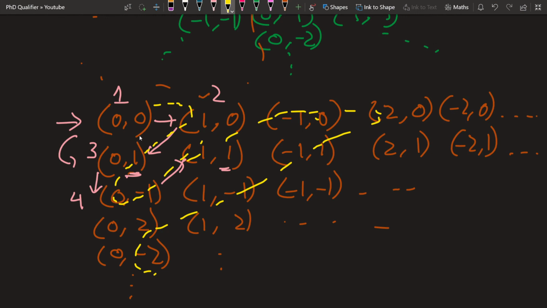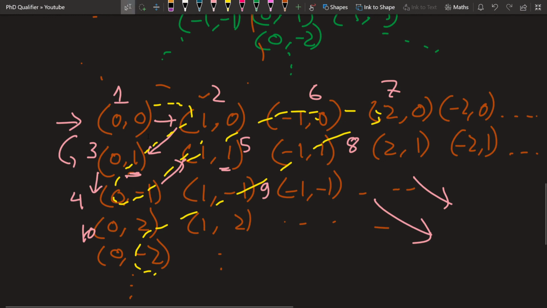So this is 4 and this is 5. This number is 6. This is 7. This is 8. And if you count like this, you notice that you are moving in approximately this direction, and each and every one of these points will be covered, and each and every point, however large or however far away from the origin, will be assigned a natural number.